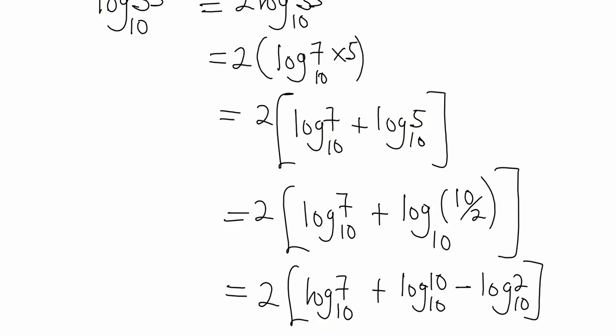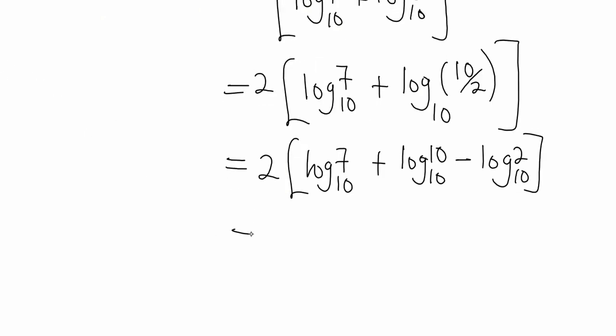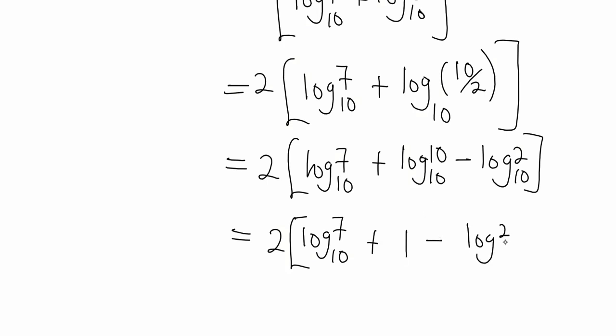Now our simplification becomes 2 multiplied by log 7 base 10 maintained, plus, now we said the logarithm of a number to the same base gives us 1. So log 10 base 10 is equal to 1 minus the log 2 base 10 here.